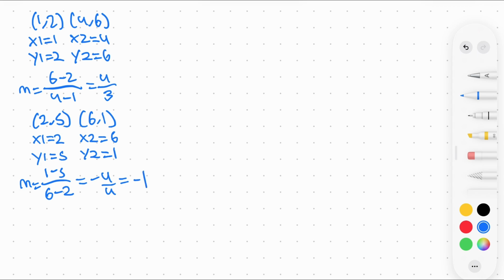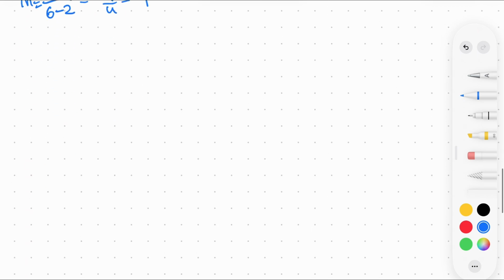So that's about it. When solving for slope, just remember these 5 rules. Up and right equals positive slope. Down and right equals negative slope.